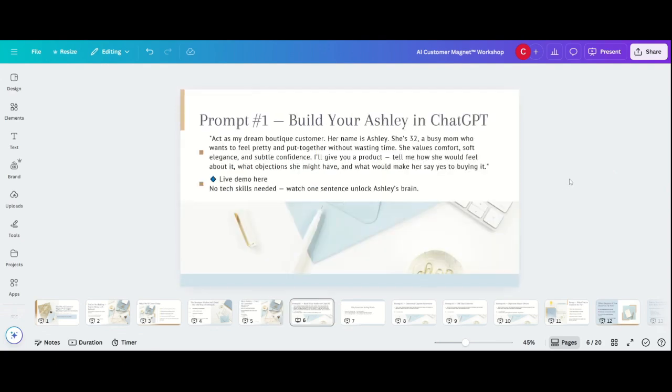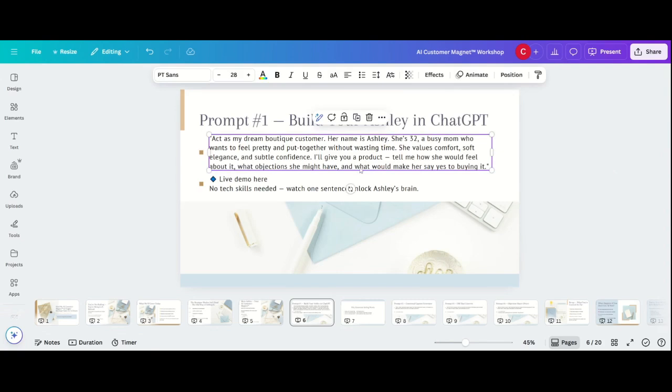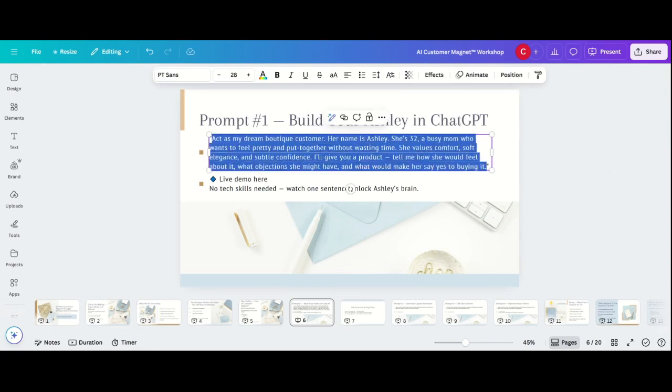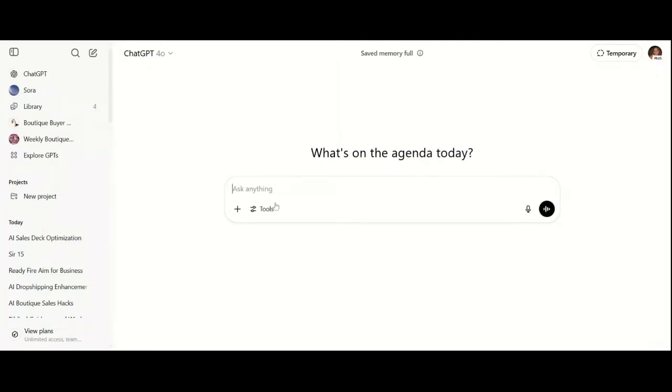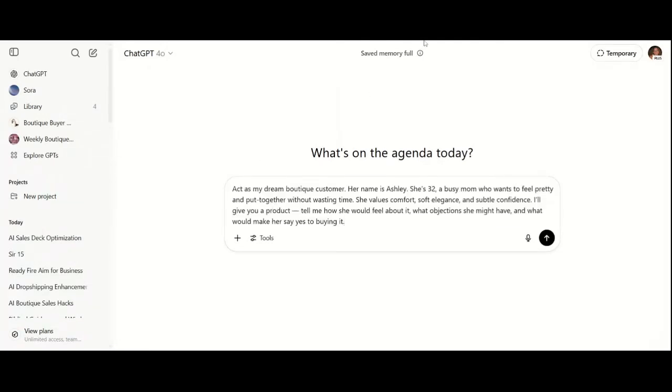And so we're going to compete based on emotion. And so I'm going to copy this, and now you're going to fill this in, and you're going to use your own customer.